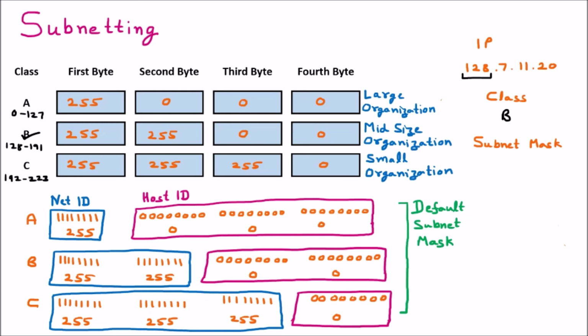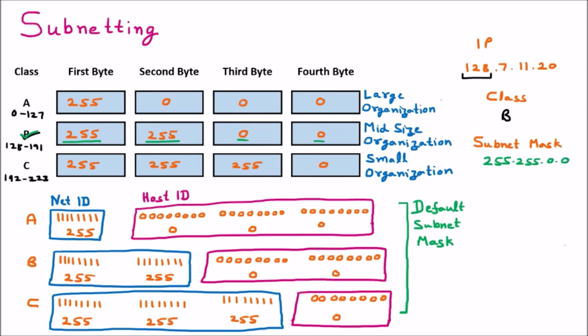Here this is for class B, and for class B the subnet mask is 255.255.0.0. So the subnet mask for this particular IP will be 255.255.0.0.